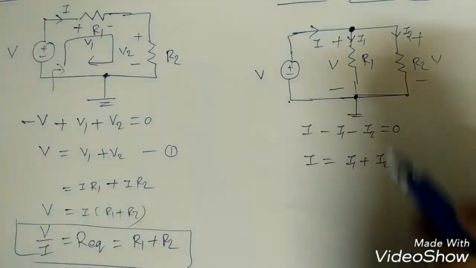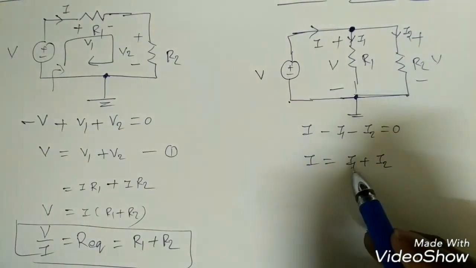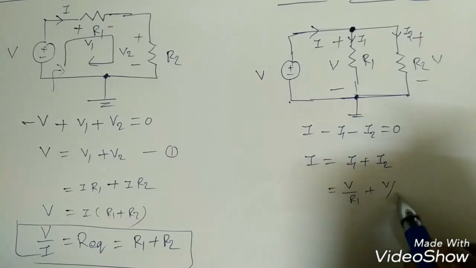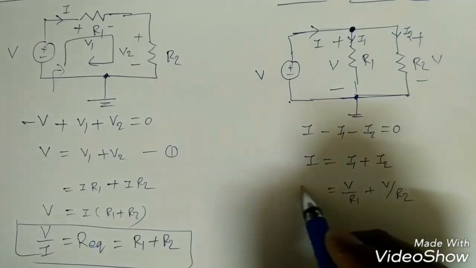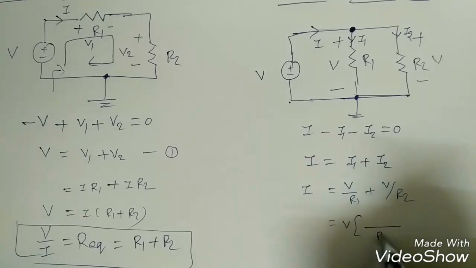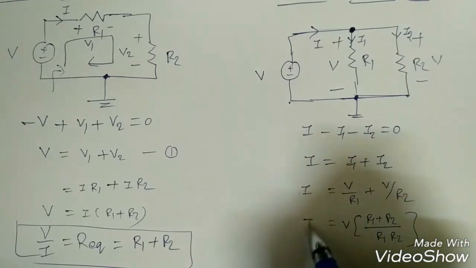If I apply Ohm's law across these two resistances to find I1, I can take V by R, so the voltage is the same, so V by R1 plus V by R2. Now what is V? If I take LCM, R1 R2 and this is R1 plus R2 and this is I.